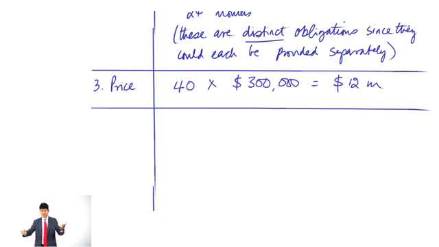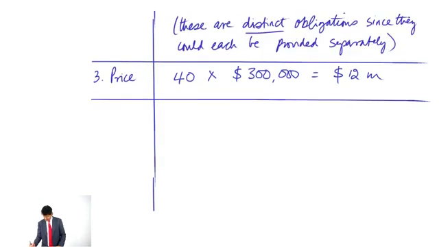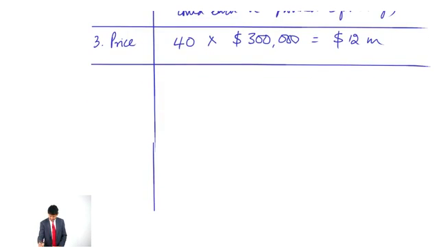So the examiner might give you some facts and ask you to demonstrate your knowledge of IFRS 15, the 5 steps approach. Okay? And that's what I'm taking you to. Number 4, of course, is a tricky little item.